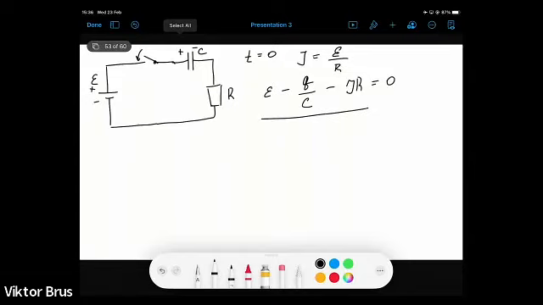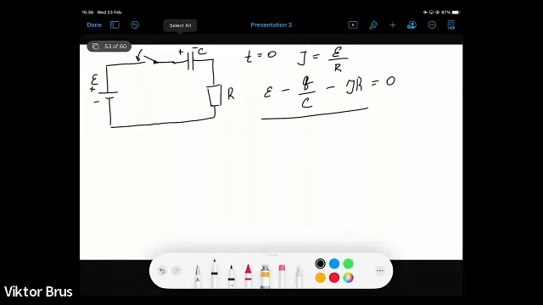So the potential difference generated by the battery will be split between two components, which are the potential drop over the capacitor and the resistor.